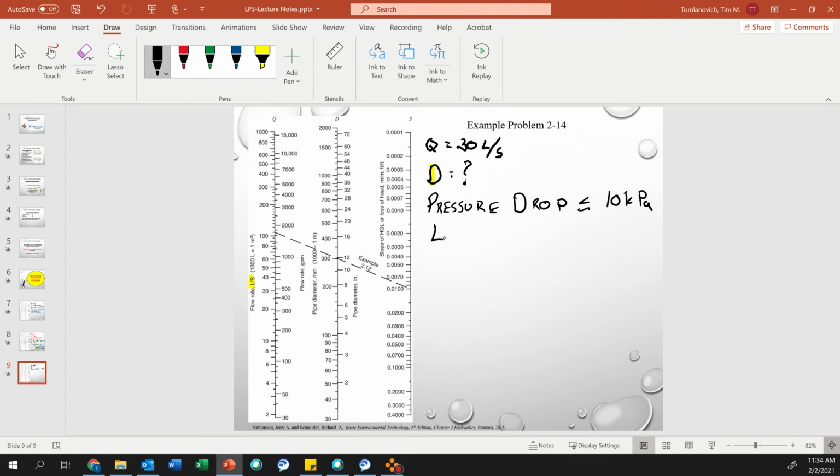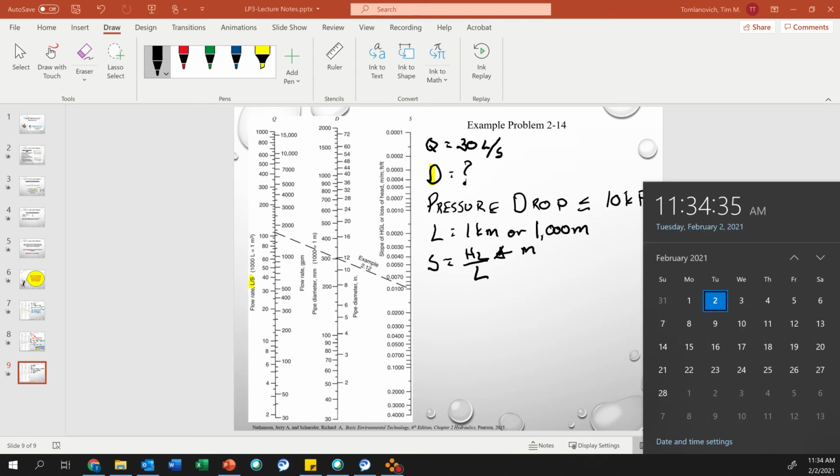So my L equals 1 kilometer, or 1,000 meters, right? Because pressure drop equals head loss H divided by L. So again, we're looking for that. That has to be in meters, correct?